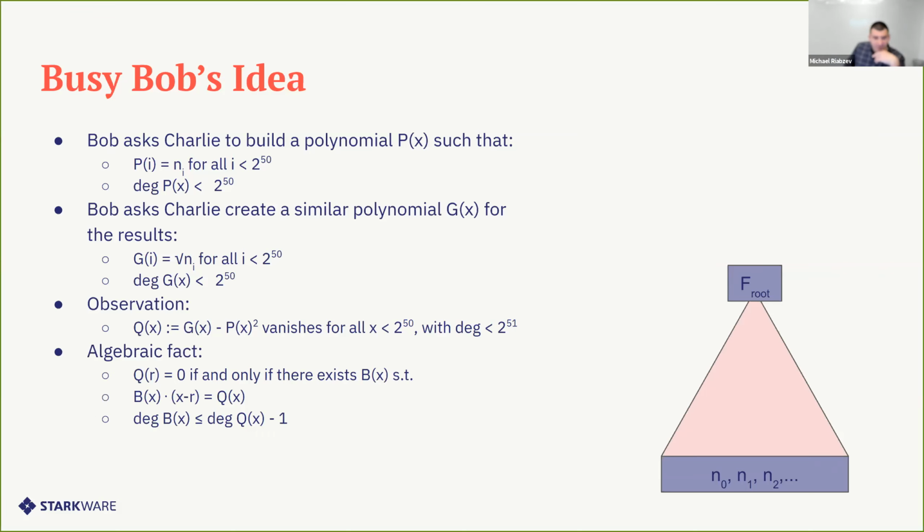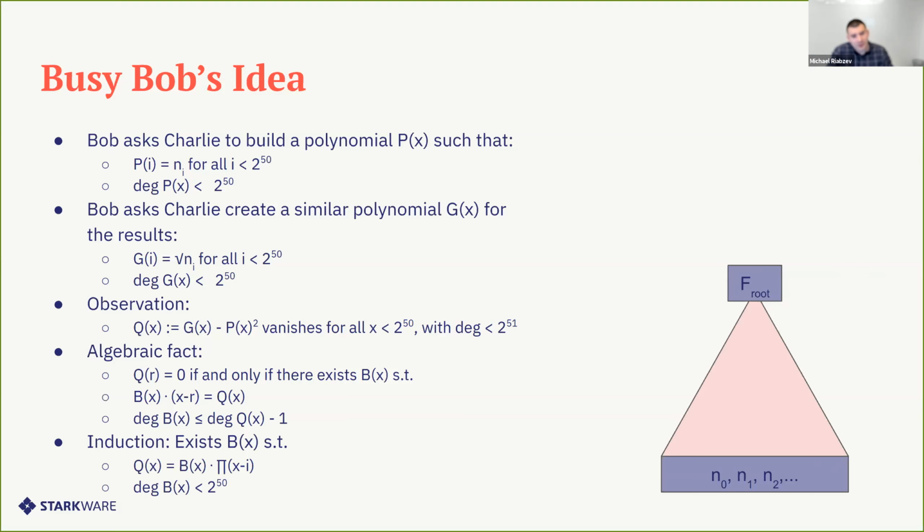An algebraic fact that I guess you're familiar with is that r is a root of a polynomial q if and only if the polynomial x minus r divides q, meaning it can be factored to a product of some polynomial b of degree smaller than the degree of q, and the polynomial x minus r.